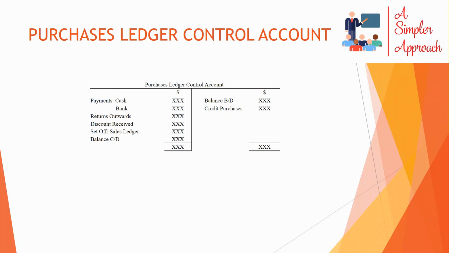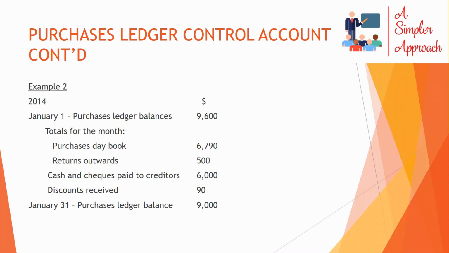Okay? So we're going to look at an example now and place all of these X's into figures and we'll make it a little clearer. This is our example. Purchases ledger balances, 9,600, taken from the purchases ledger, of course. And remember, this is the sum total of all creditors. Purchases day book, same thing as the purchases journal, total 6,790.